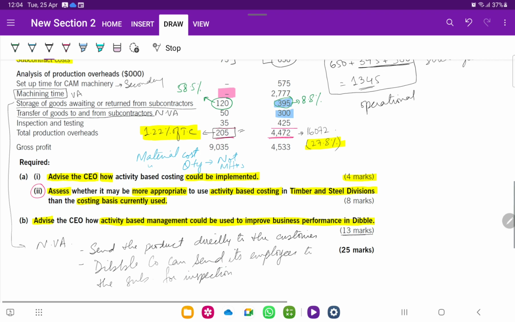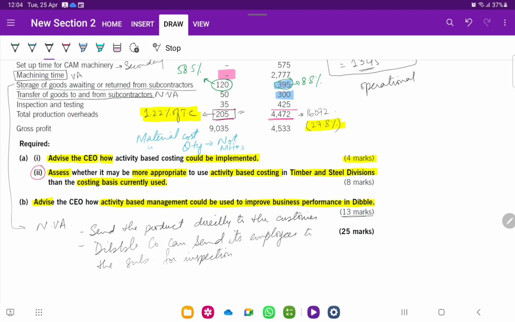Now few students may argue, see, the concept of commercial acumen comes here, because commercial acumen actually says that whether this advice which you are giving in the answer is practically applicable.